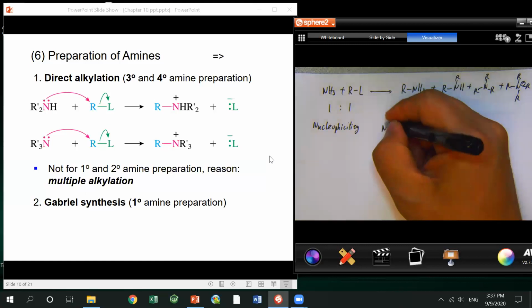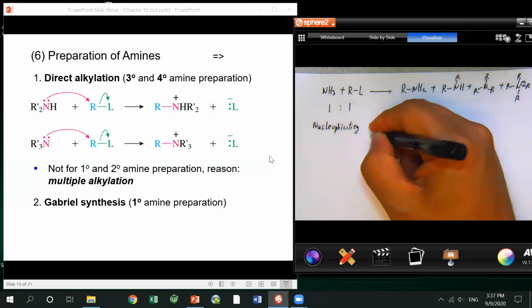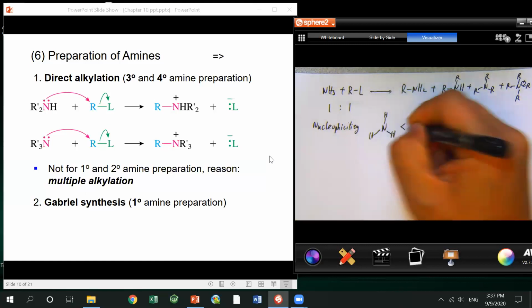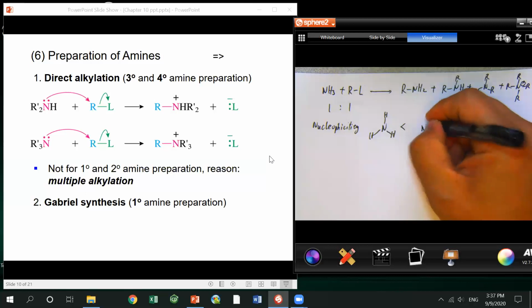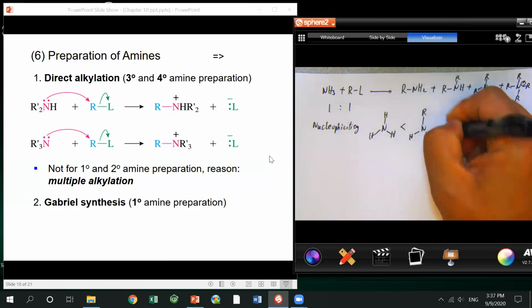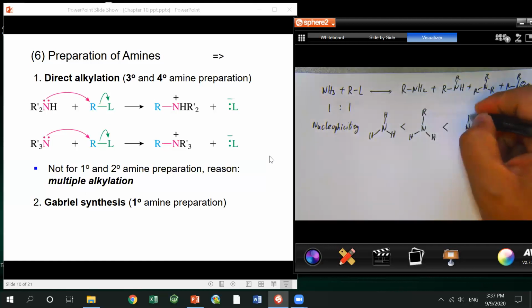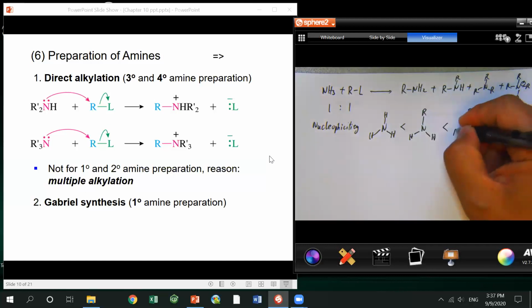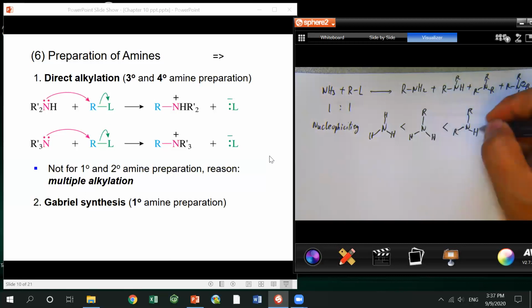So the weakest one is ammonia, followed by the primary amine, and then followed by the tertiary amine and secondary amine. The secondary amine actually has a similar nucleophilicity as the tertiary amine.